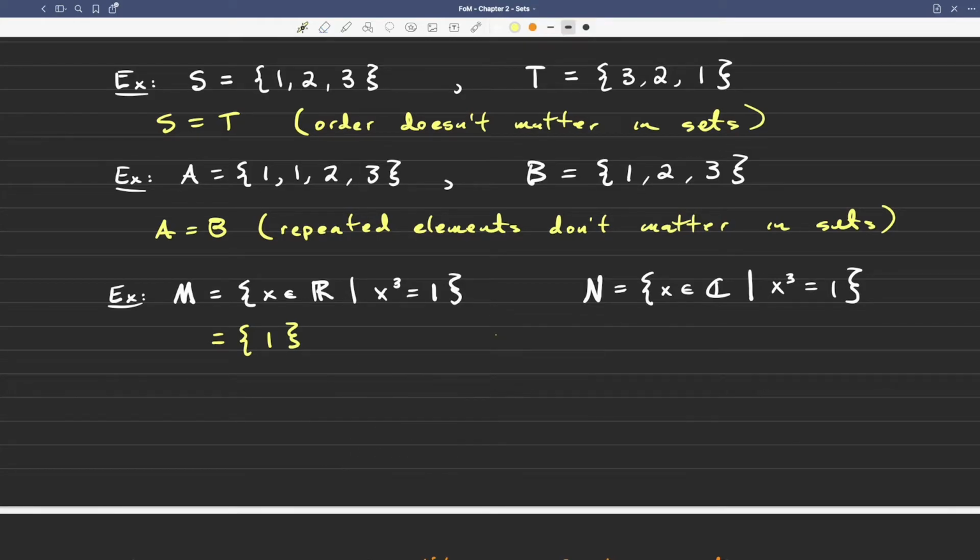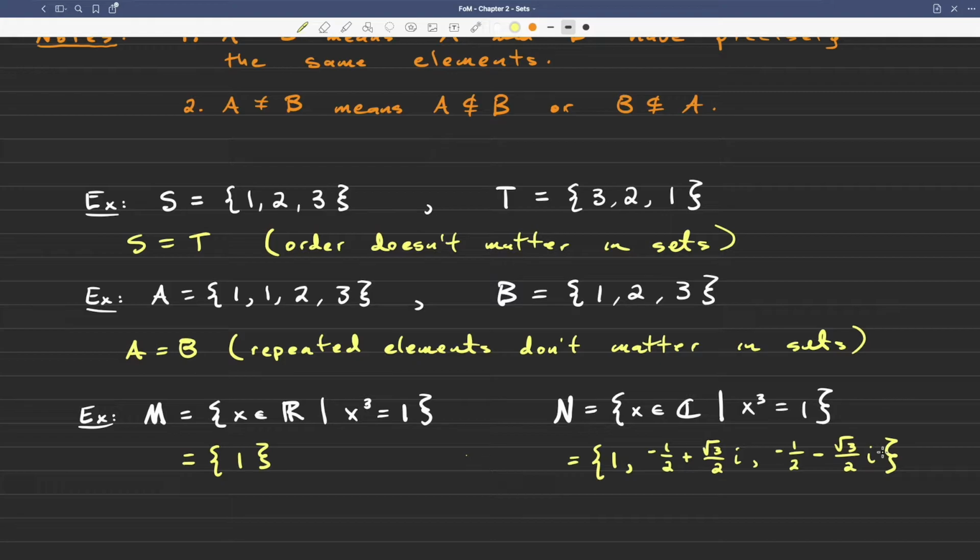On the other hand, and I'm going to leave you to verify that this is true, if you are allowing complex numbers to be part of your solution to the equation x cubed equals 1, then you actually get 3 solutions.